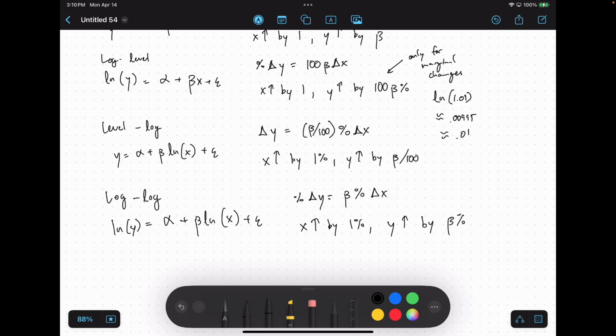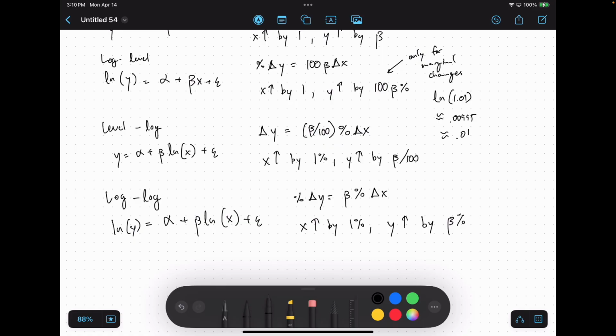And the reason why this is really common in econ is that if you're doing exponential against exponential, this percent relationship, if x goes up by 1%, y goes up by beta percent, is the definition of an elasticity, right?